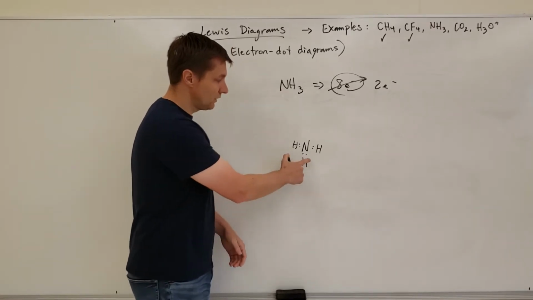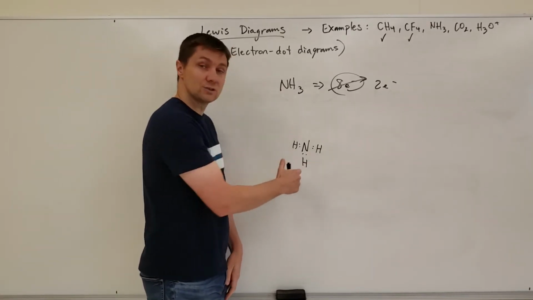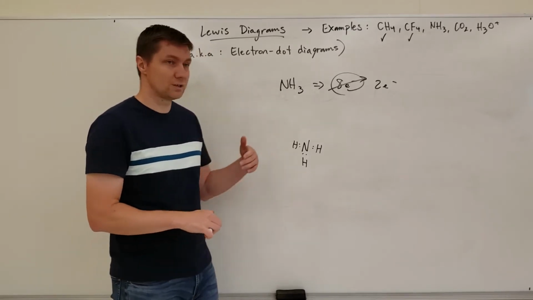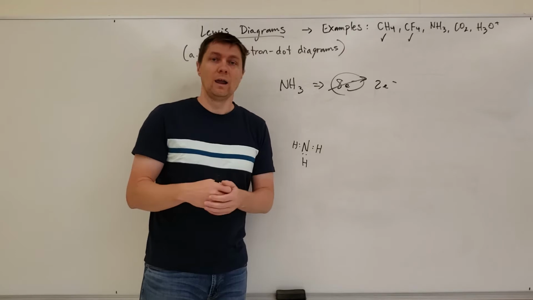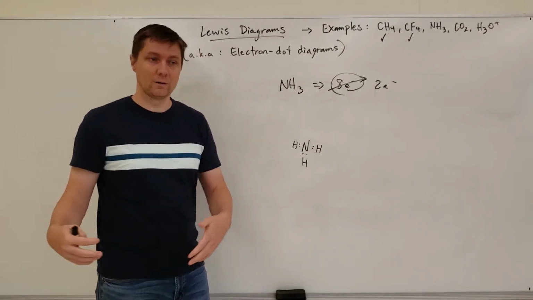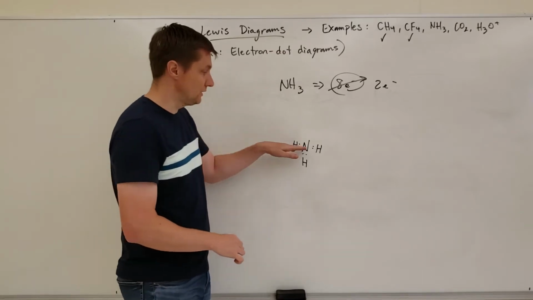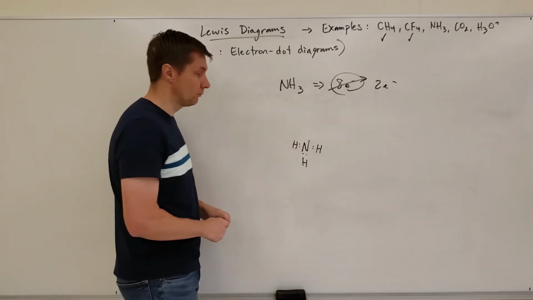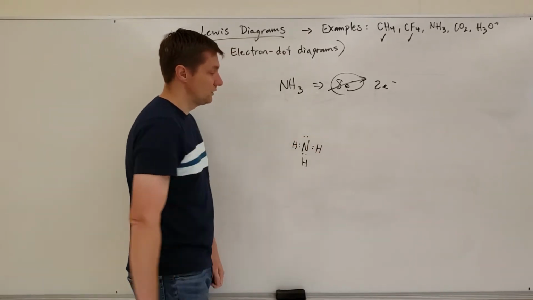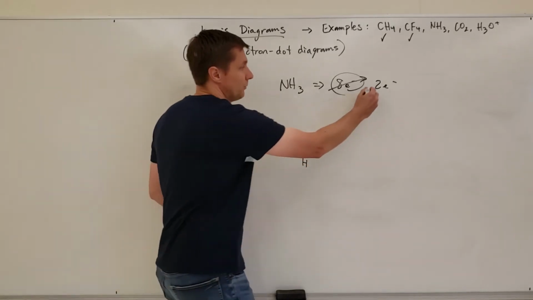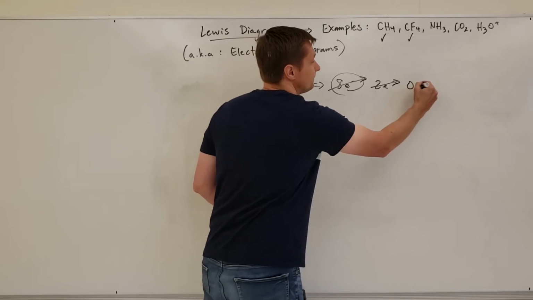But if you take a look at the octets, you can see that the hydrogens already have a full octet, so I don't want to add any more electrons to them. So if the octets are not full, and I can't place them around peripheral atoms, then the next option is I place them on the central atom. And you can see here nitrogen has a spot where I can put those electrons. And so those are going to go right there. And that, as you can see, brings me to my total of 0.